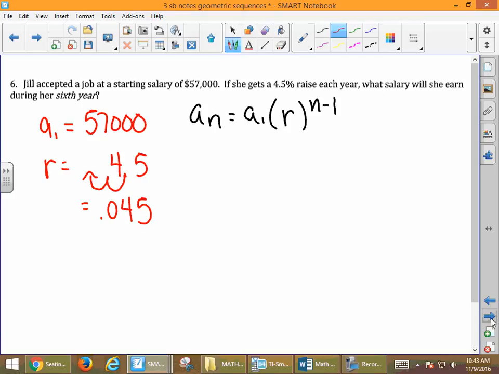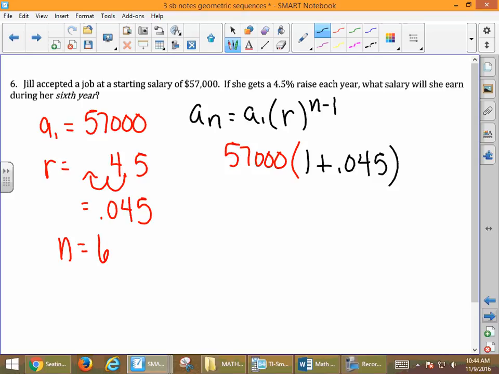We do know one more thing, and that is that n equals 6. But remember, after she gets the 4.5% raise, then in the 3rd year, you have to look back at the 2nd year salary. So when we fill this in, it's going to be 57,000 times 1 plus 0.045, because it's increasing each year, to the 6 minus 1.